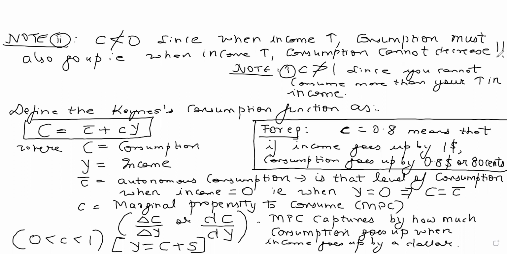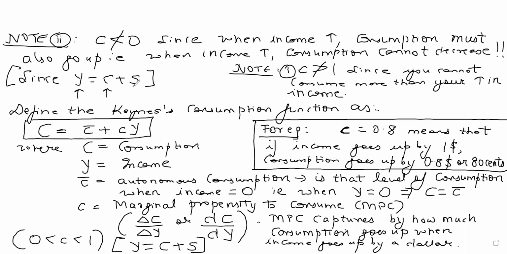When your income goes up, consumption will go up, because income is equal to consumption plus savings, so when income goes up, consumption must also go up. If I say that marginal propensity to consume is less than 0, I am saying that when income goes up, consumption is going down. That's not possible.